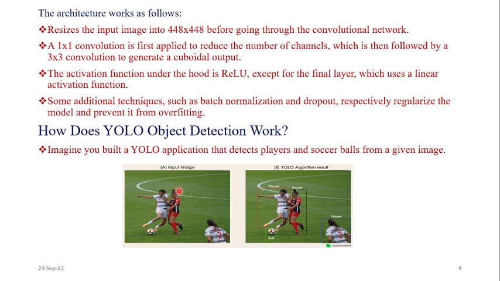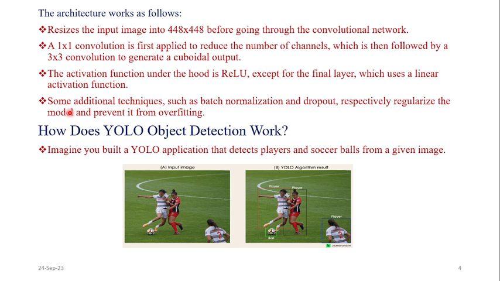The architecture follows like this: resize the input image to 448 by 448 before going through the convolution network. A first 1 by 1 convolution is applied to reduce the number of channels, as seen in the diagram. The activation function is ReLU, and additional techniques like batch normalization and dropout are also used.